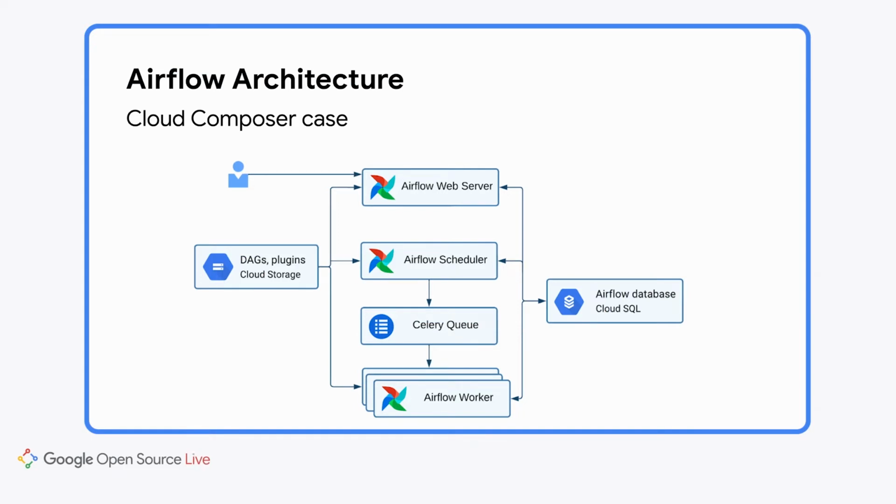Airflow uses a database to store its internal state and task and DAG execution history. Components simply write and read data from it during their execution. Users are able to upload their code as DAG files using a Cloud Storage bucket.